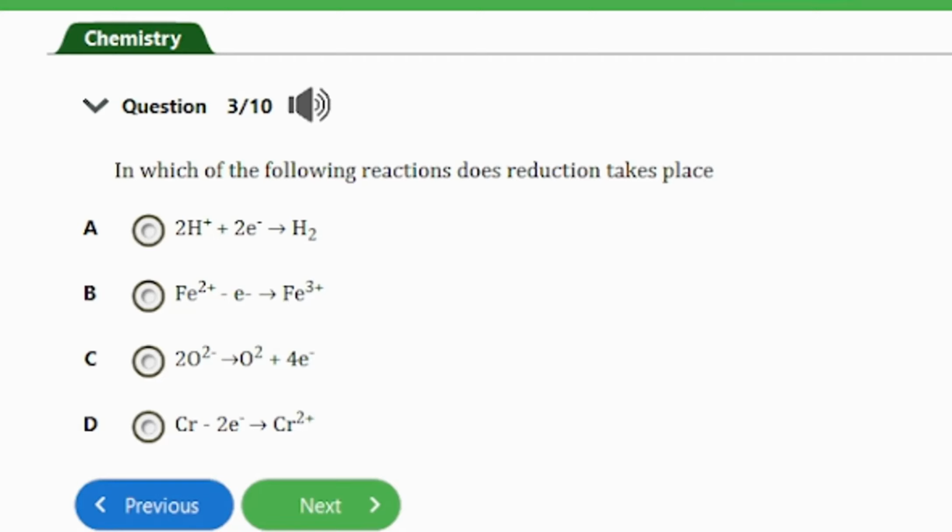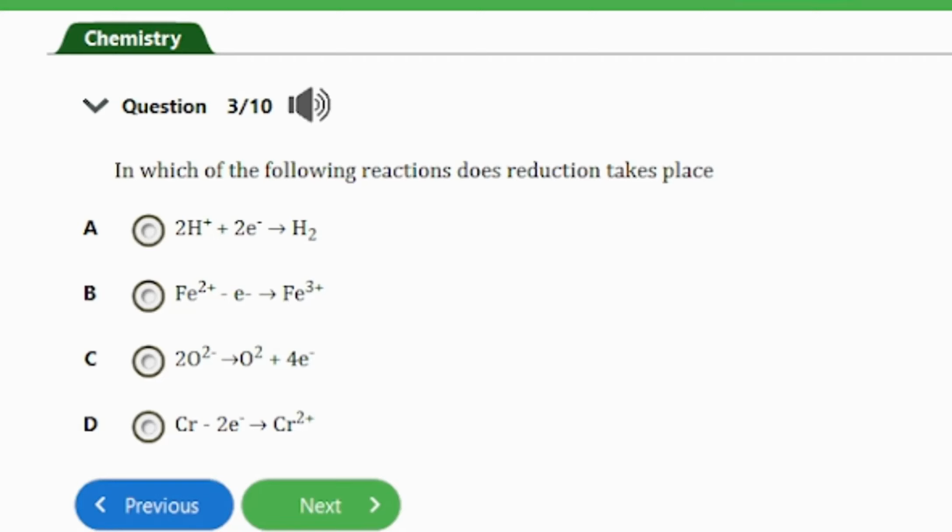So we have to understand that reduction is a chemical process that involves the gaining of electrons by one of the atoms involved in the reaction between two chemicals. So we have to always remember that reduction is electron gain.